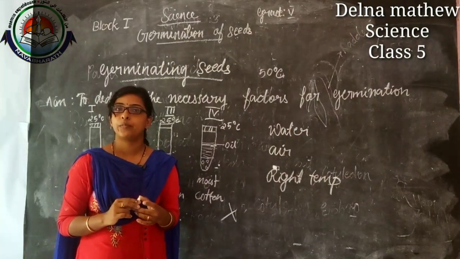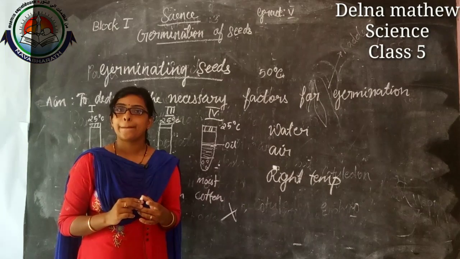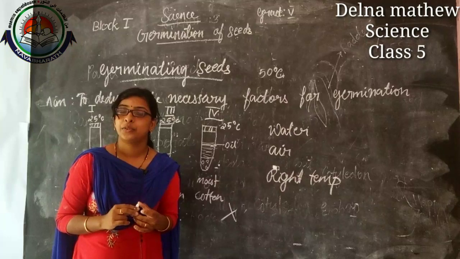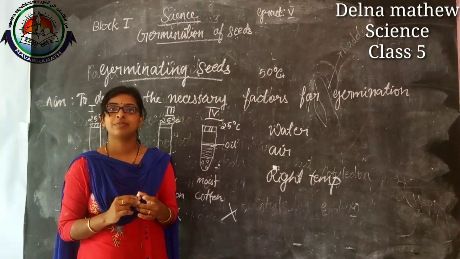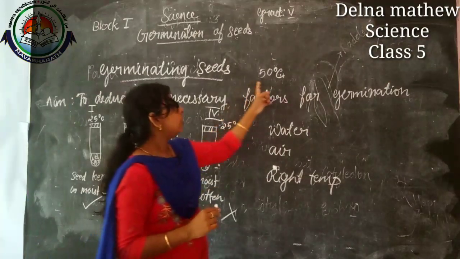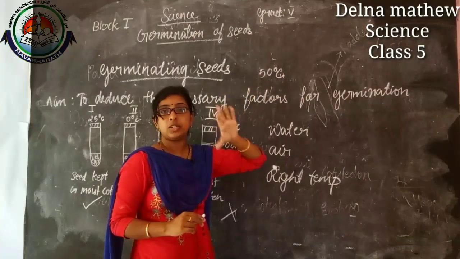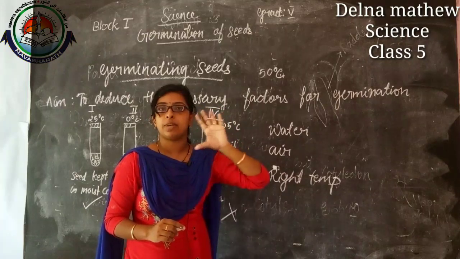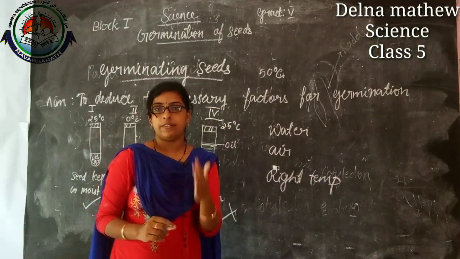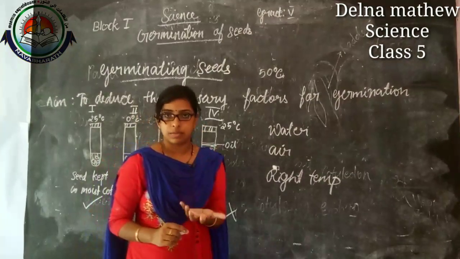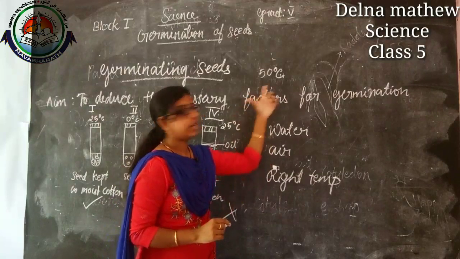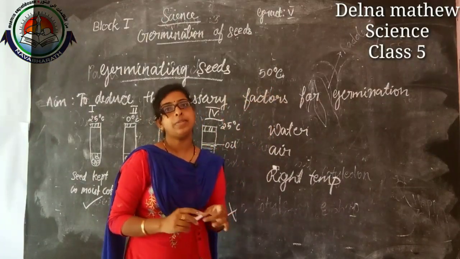Say yes or no. Is it yes? No. Why? Because for germination, not too much temperature, only an optimum amount of temperature is required. For its germination a seed requires a right amount of temperature, or optimum temperature.